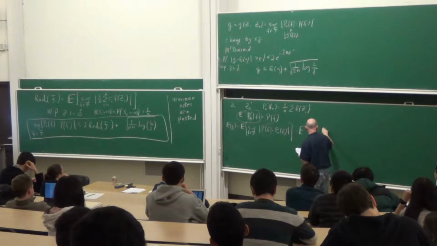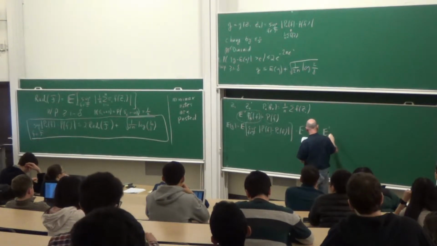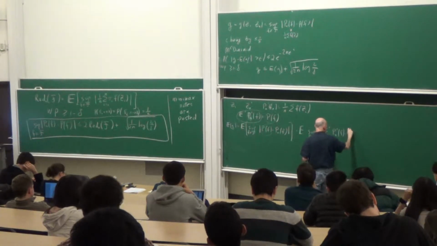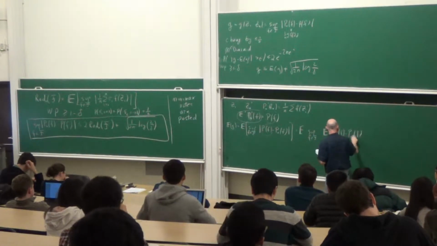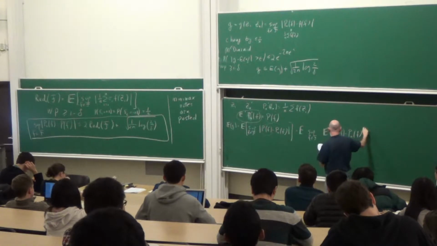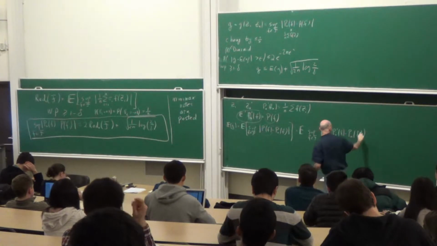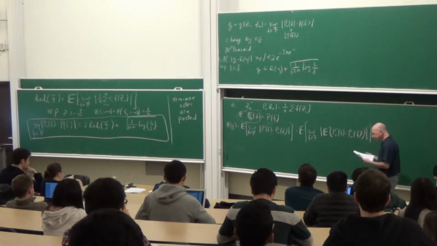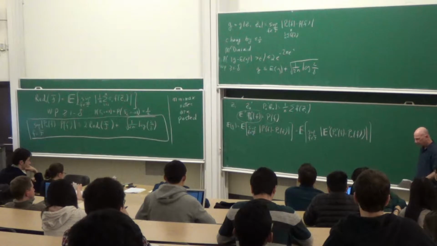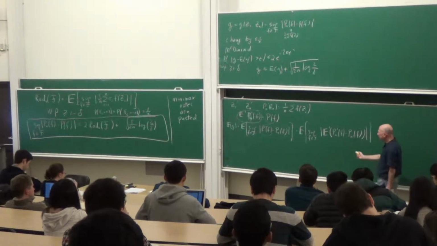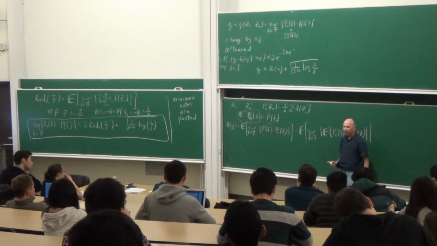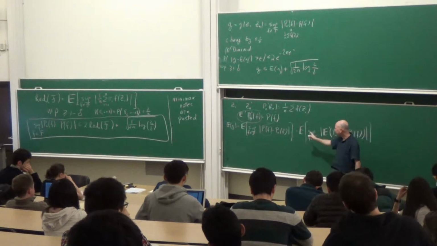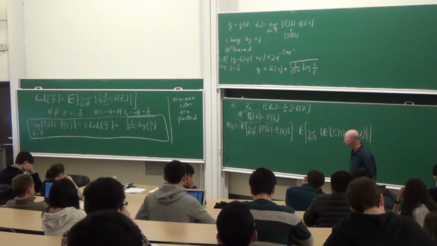So this is E, E prime. Now, I claim that I can pull this expected value, which is the expected value over z1 prime, z2 prime, z3 prime, I claim I can pull it out, and I can only make things bigger.